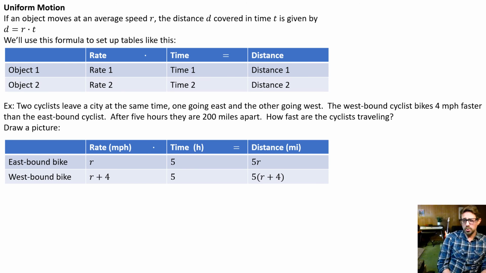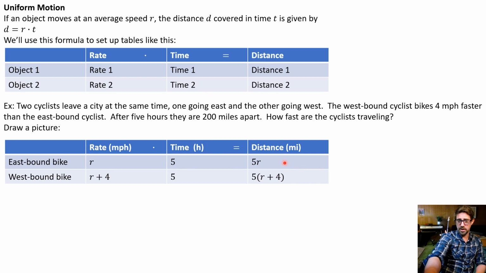Okay, so all you really need from that table now to do the math is the distance. So the only other thing we know here is that the distance between the two is 200 miles. So this bike went 5R miles, this bike went 5 times R plus 4 miles. They are a total of 200 miles apart.